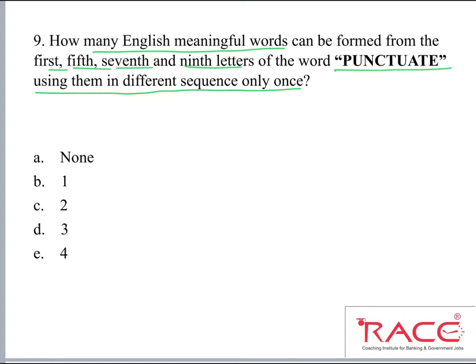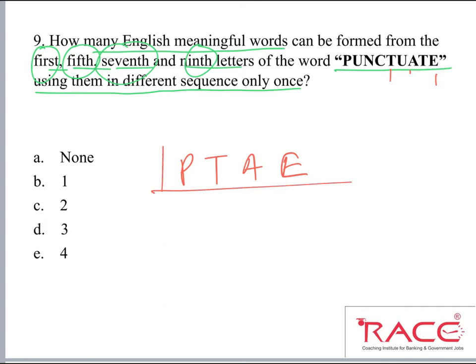But they have also given us some particular letters: first letter P, fifth letter T, seventh letter A and ninth letter E. So from these four letters I have to make meaningful words.